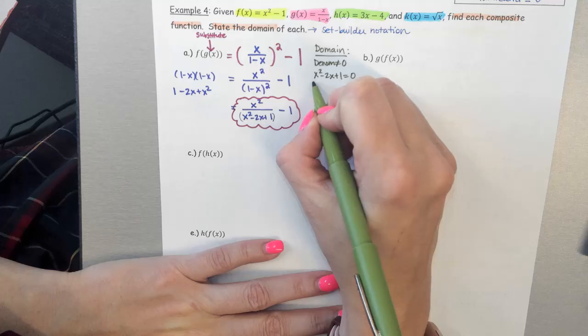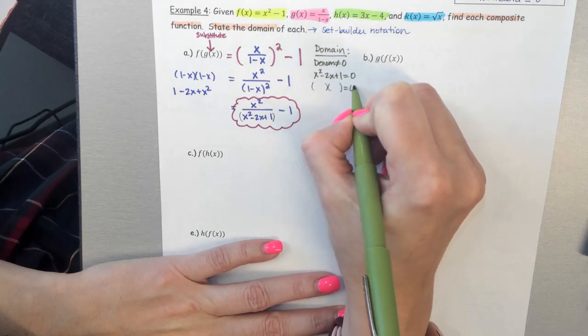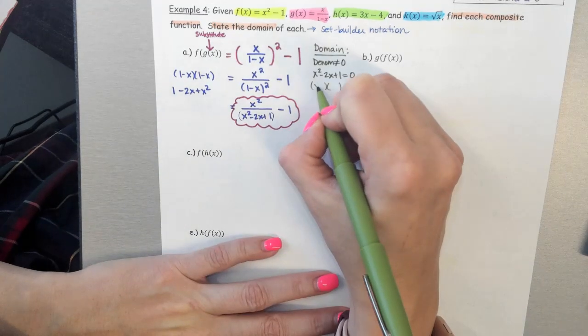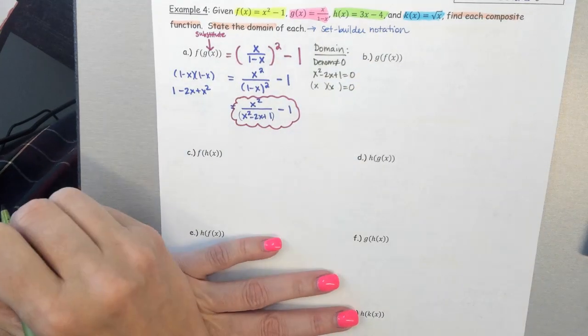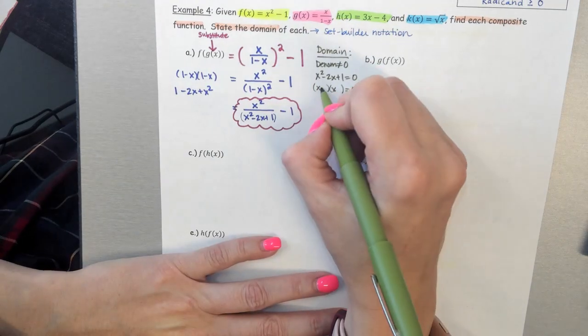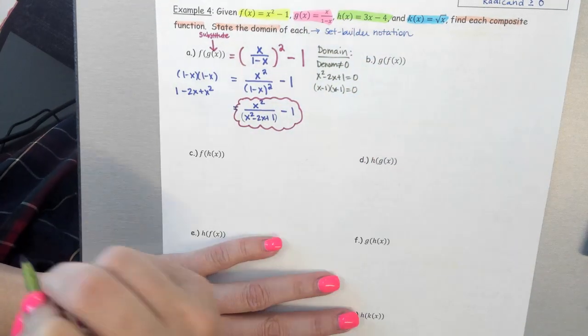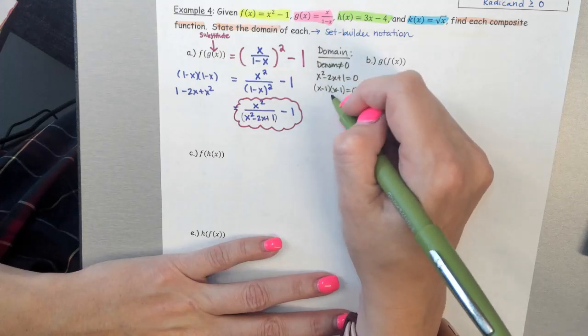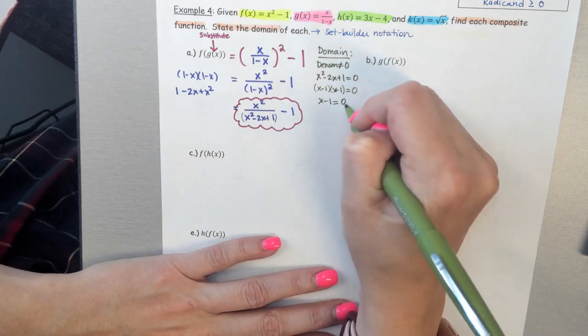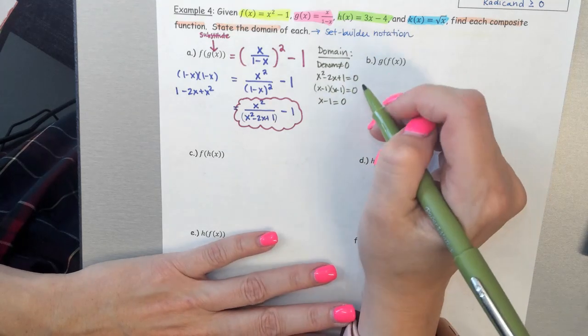Okay, in order to solve this, you're going to factor it. Okay, so you have negative 1, negative 1. And then this is a multiplicity. It's okay if you just write it one time.